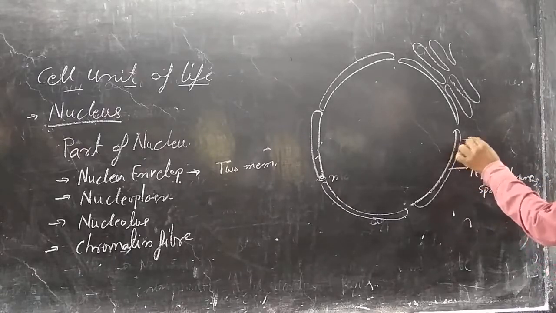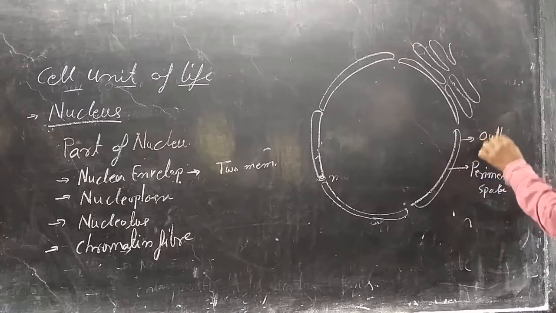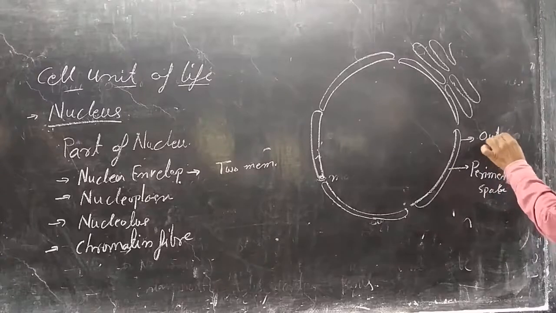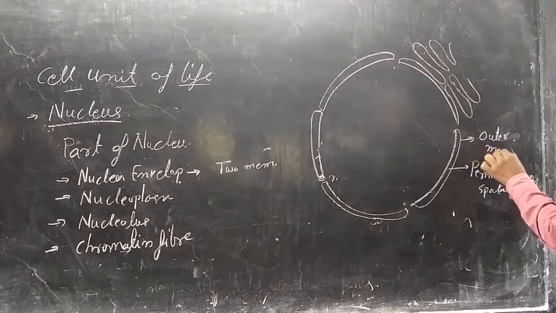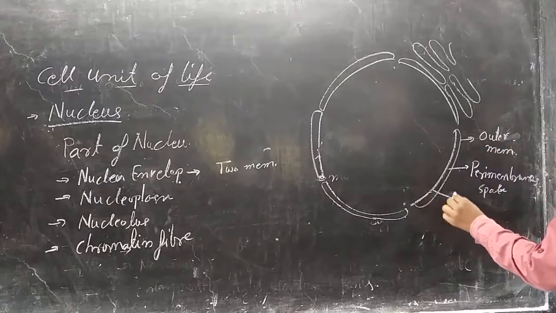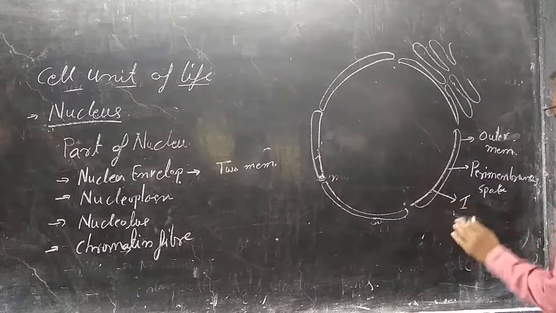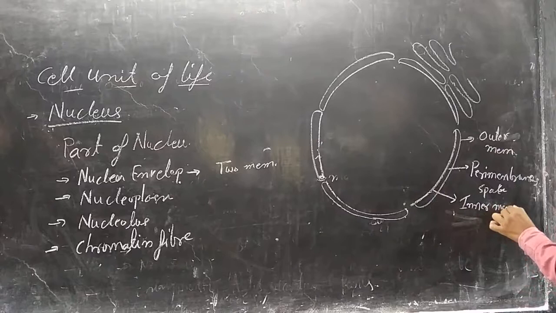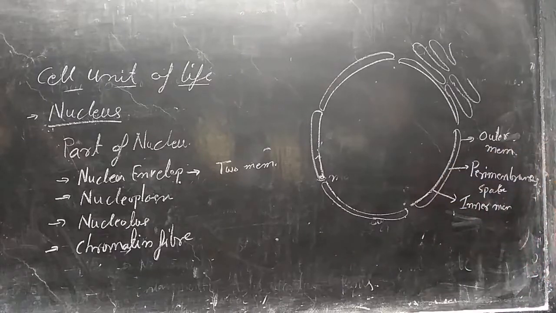This is the outer membrane, this one is the inner membrane, and between them the perinuclear space is there.